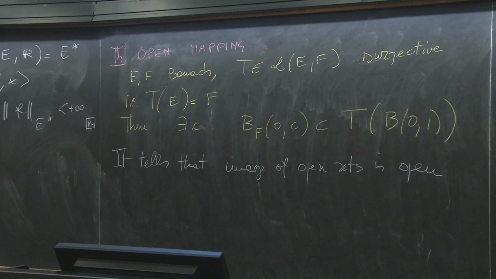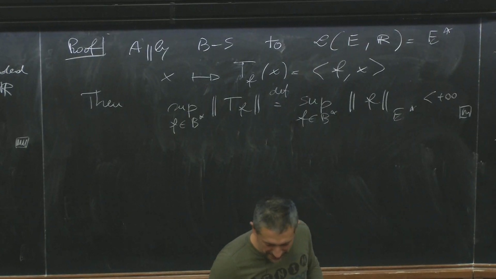That's why the name of the theorem is open mapping. So if T is surjective and bounded, it is an open mapping. Okay, so let's start with the proof. I don't know if I should give you the proof or immediately give the main application. Let's see the application first.